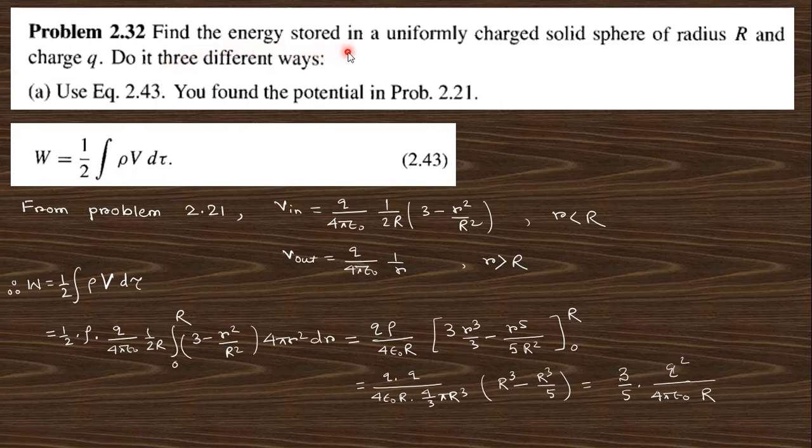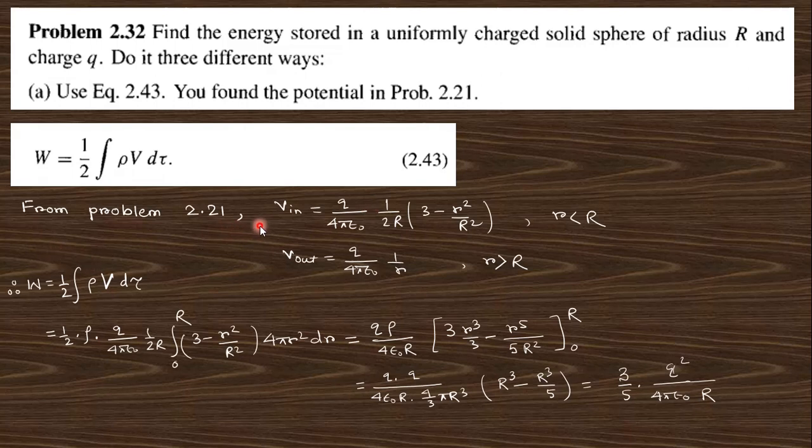Find the energy stored in a uniformly charged solid sphere of radius R and charge q. Do it in three different ways. Using equation 2.43, you found the potential in problem 2.21, which we already discussed in the previous lecture.